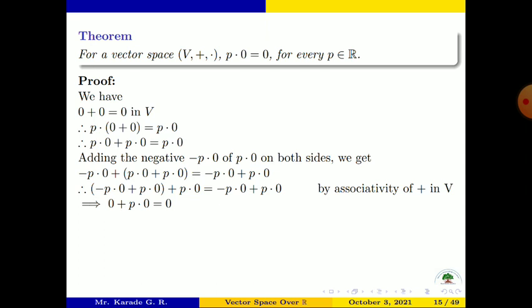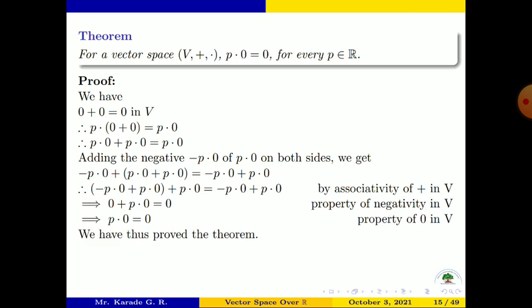The right hand side is also 0, since we are adding a negative of the vector by the property of negativity in V. This implies that P into 0 is 0. That is a very simple proof, the property of 0 in V. We have thus proved the theorem. Here we proved two properties.